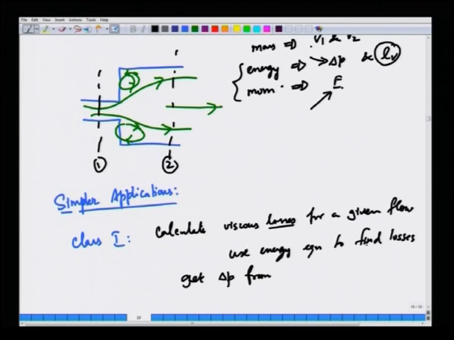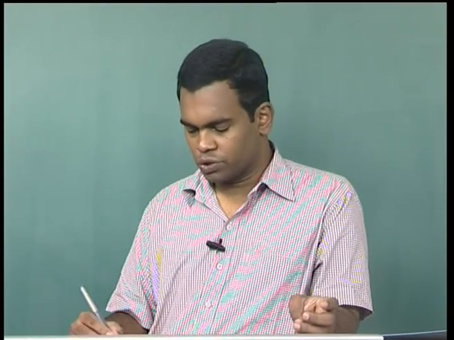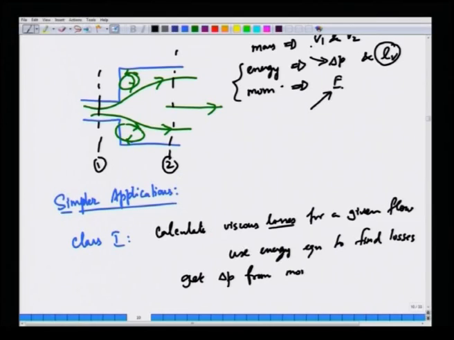So, in order to find losses you need the pressure drop in the energy equation, but the momentum equation relates the pressure drop to the forces. So, if you want to get the pressure drop from the momentum balance, we need to know the forces acting on the CV.